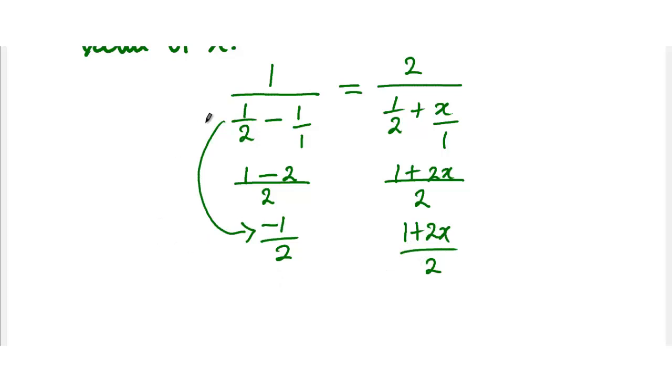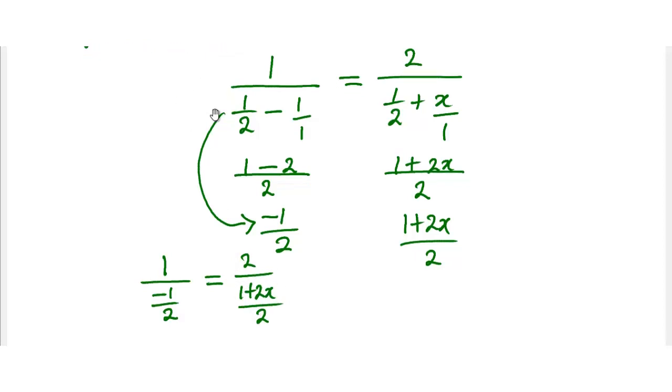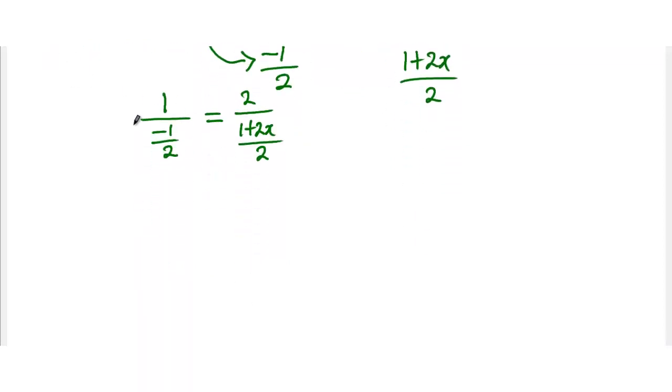So if I want to rewrite what I have on this side, I'm going to be having 1 over minus 1 over 2 is equal to 2 over 1 plus 2x over 2. Now you have to be very careful.